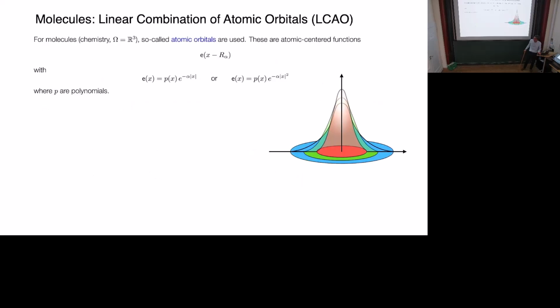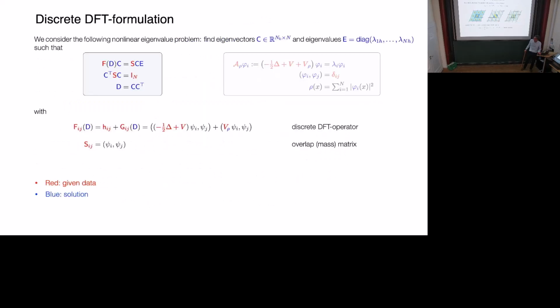And if you do the math, you come up with something like this. This is orthonormality, this is a mass matrix. That means two orbitals need to be orthonormal. That's the eigenvalue problem, but the operator here depends on the solution itself. Here you take test and trial functions and assemble those matrices.